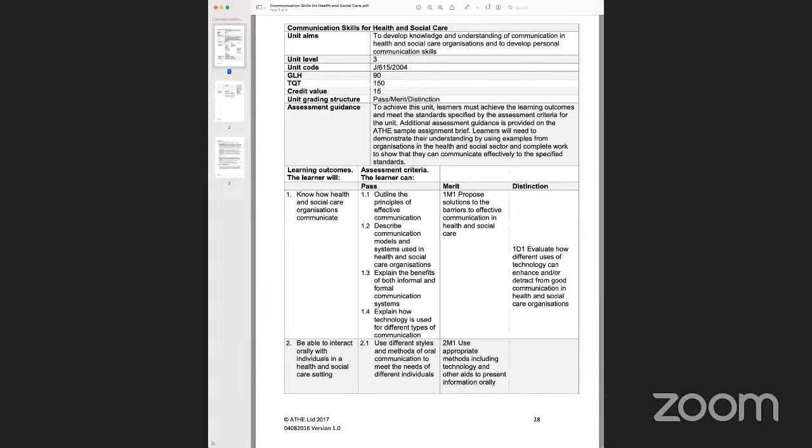Now, the first learning outcome, which we looked at yesterday, was primarily focused on the bits in terms of knowledge that we wanted to get.